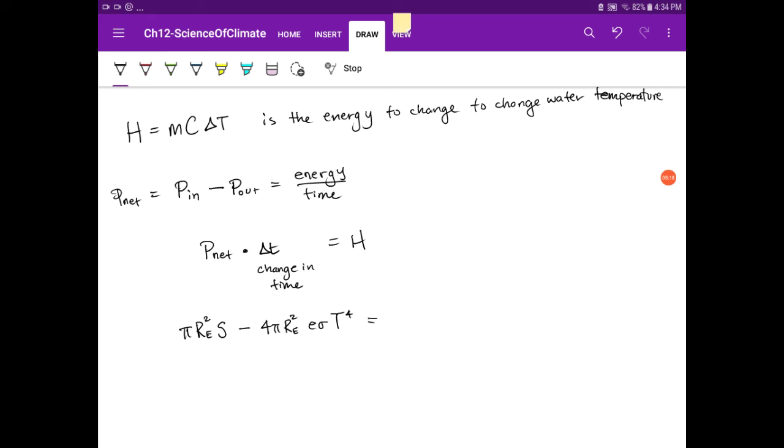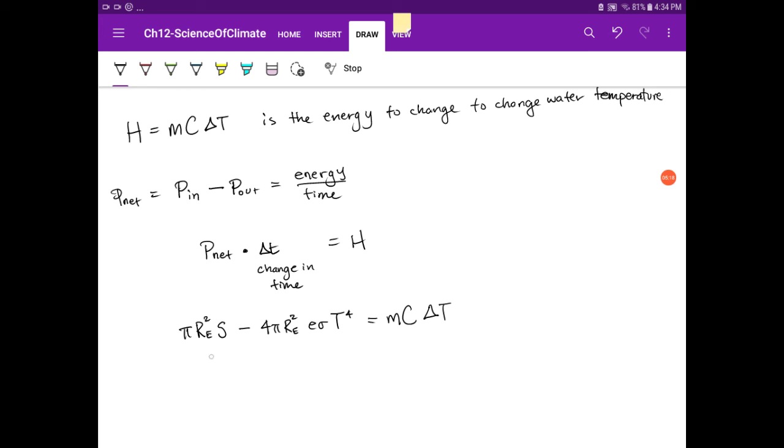And that's going to be equal to m c delta T. Now, not only do I have an equation where there's temperature in it, I also have an equation that has the change in temperature in it, and that's kind of complicated to think about.